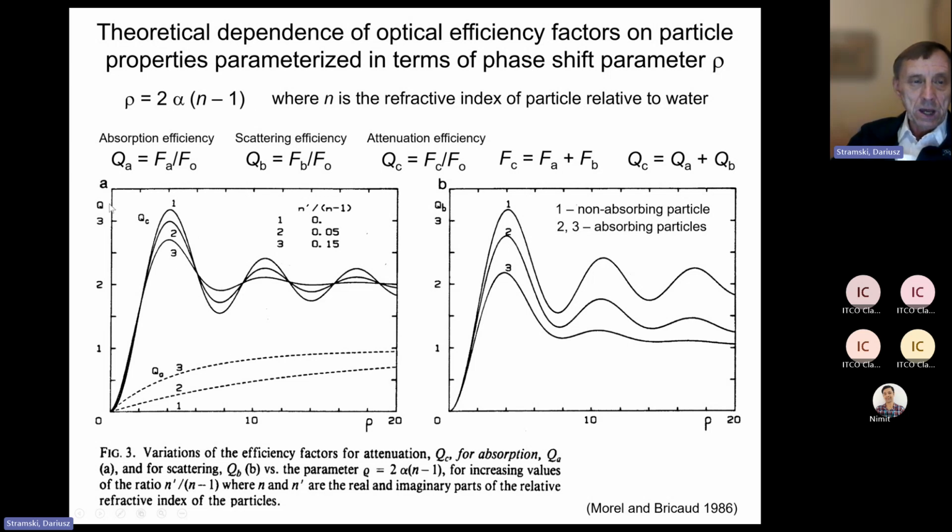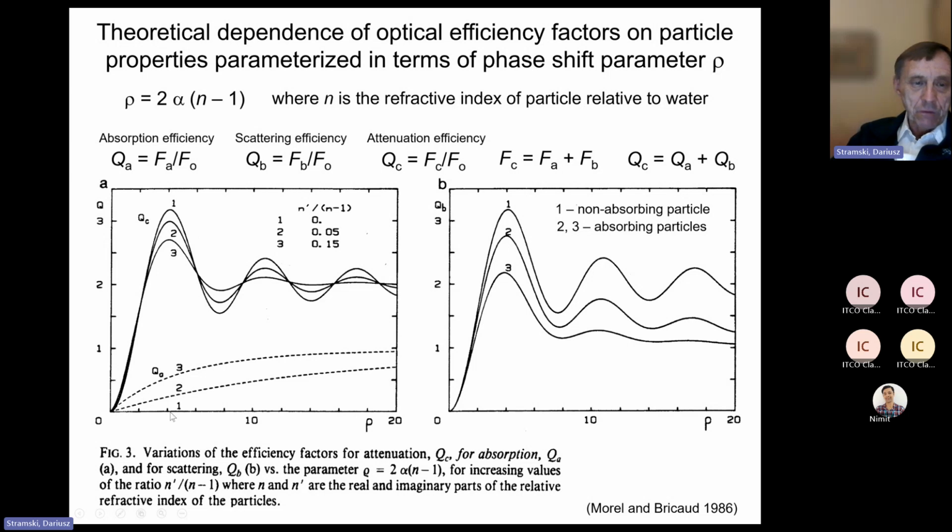What we have on the left-hand side here is the plot of QC, these upper three curves, and QA, which is here these dashed lines. And actually, there's one more curve, QA, which coincides with this horizontal axis of the graph.